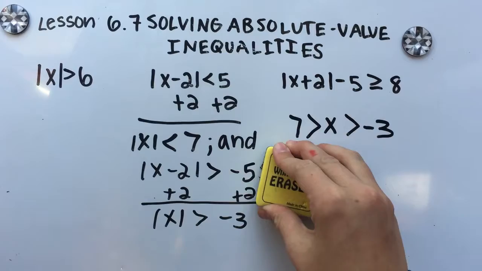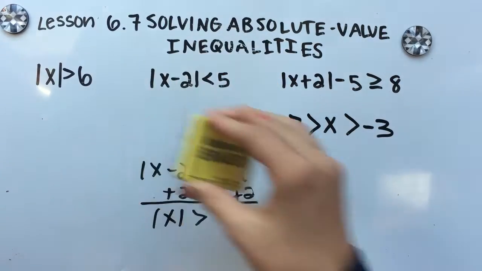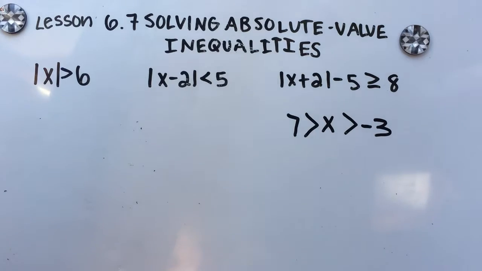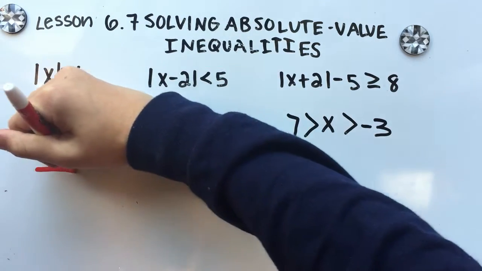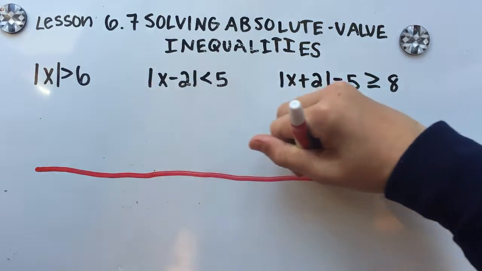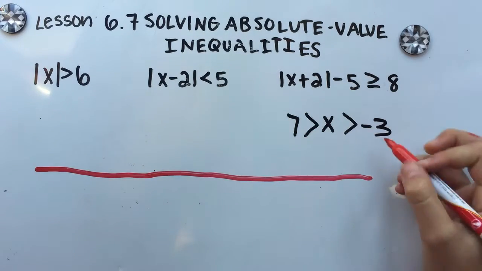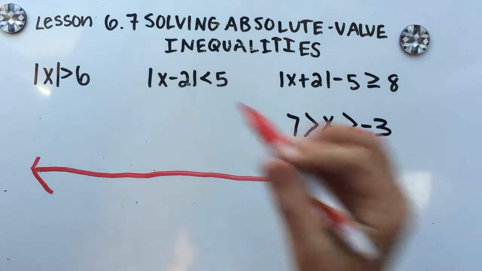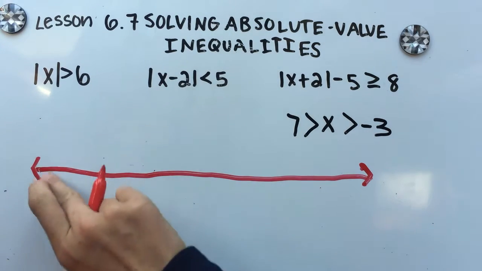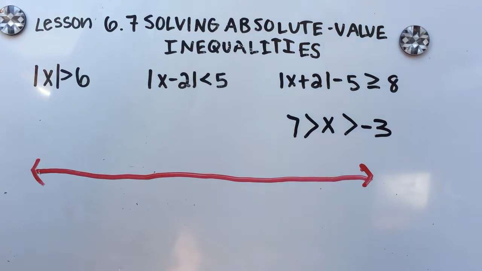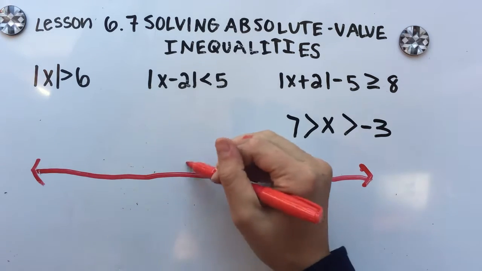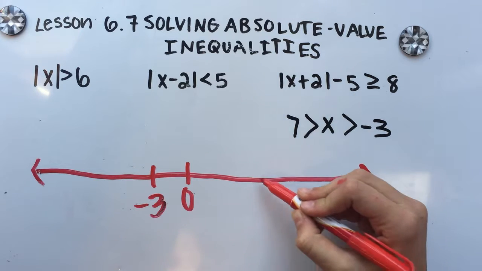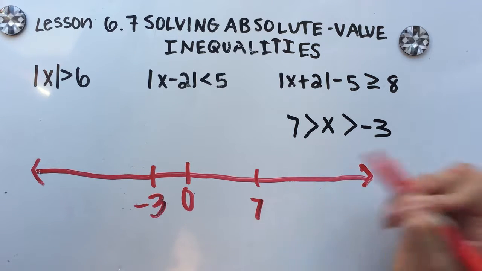So now we're going to graph it, so we can erase all this work and put down our number line. So what we're going to do is graph it. It's kind of the same thing as last time. We're going to put a 0 here, and our -3 would be about right here, and our 7 about right here.